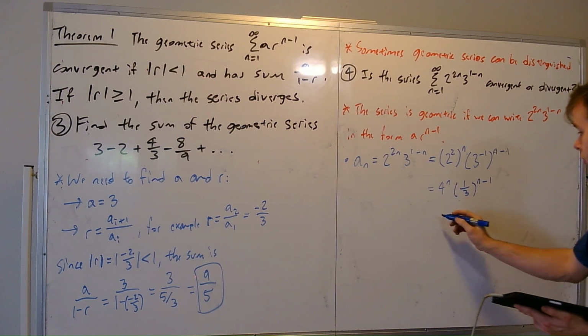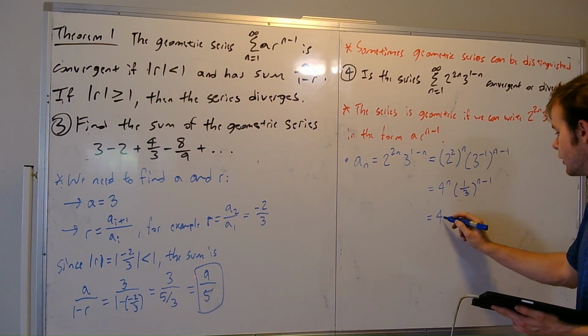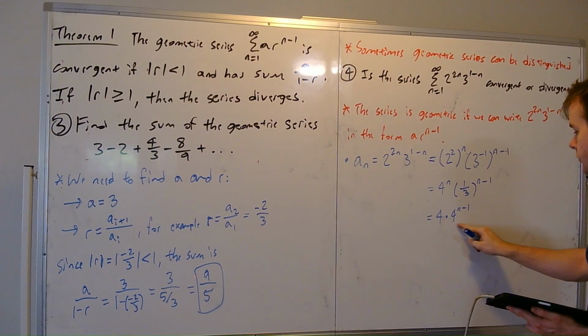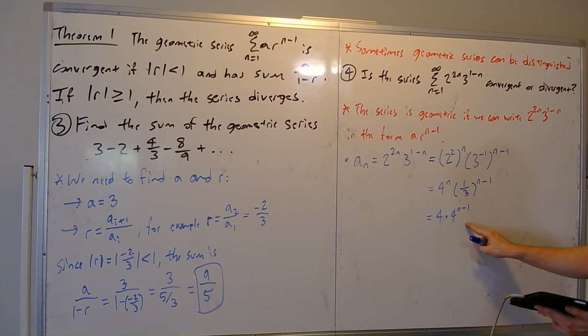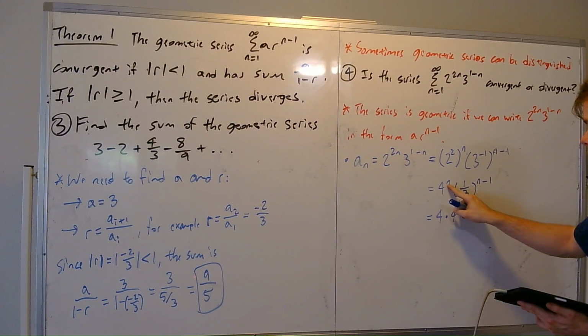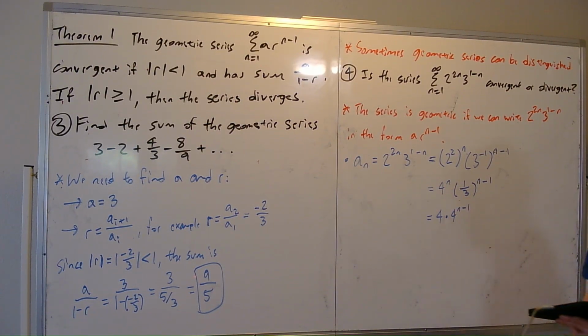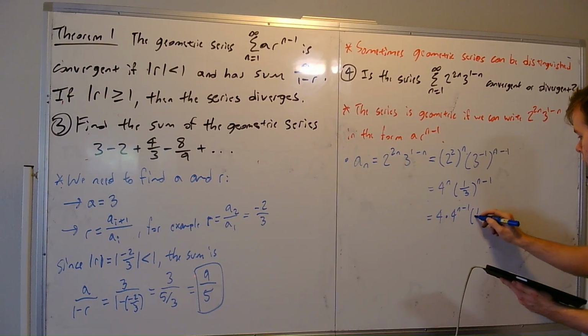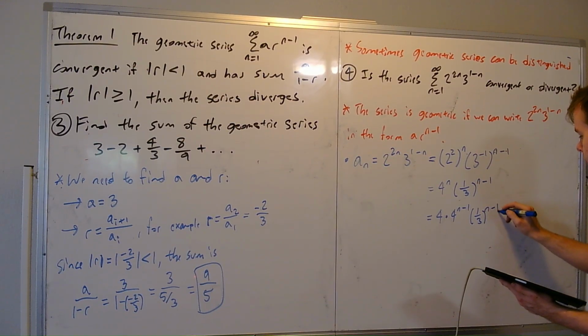So what I'm going to do here is break this apart as 4 times 4 to the n minus 1, right? Because this is n minus 1 copies of 4. This is 1 copy of 4. If you multiply them together, you get back to n copies of 4. So I just broke it up a little bit. Times 1 over 3 to the n minus 1.